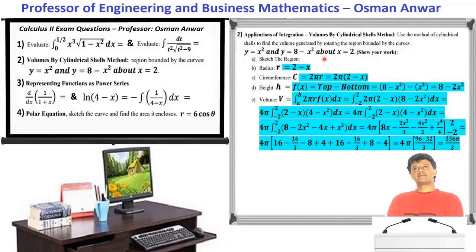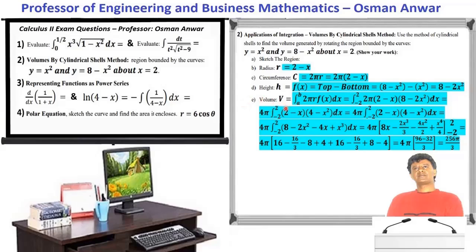You sketch the region, of course, then the radius is r equals 2 minus x. The circumference is 2 pi r, which is 2 pi times 2 minus x. The height is f of x, which is the top curve minus the bottom curve. So when you do that, the height is 8 minus 2x squared.